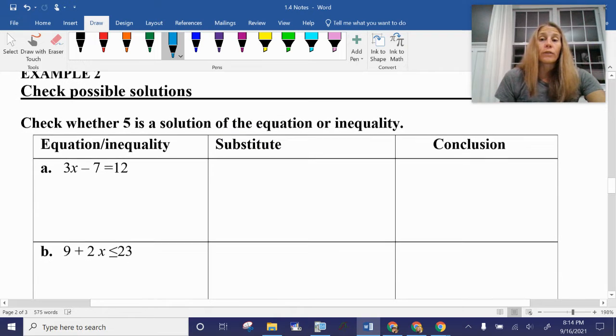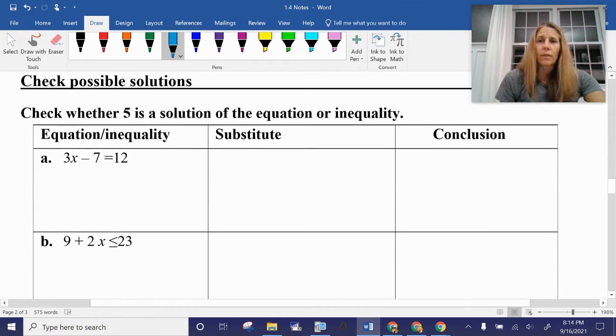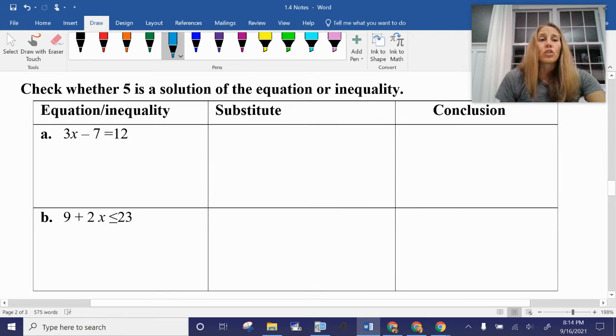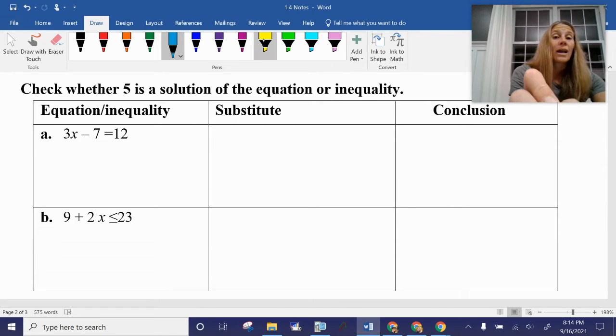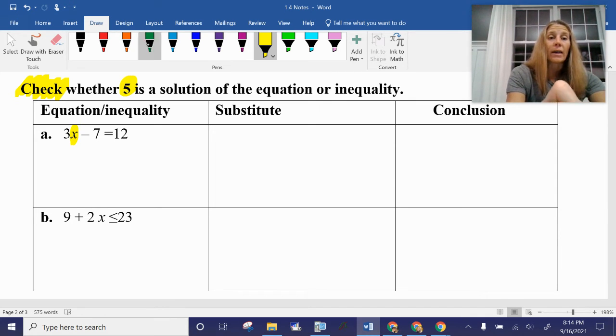So now let's review how to check a possible solution. You'll definitely have questions on your quiz about this. Check whether 5 is a solution of the equation or inequality. When you're checking, all you're doing is substituting the number in. So we substitute the 5 in: 3 times 5 minus 7 equals 12.